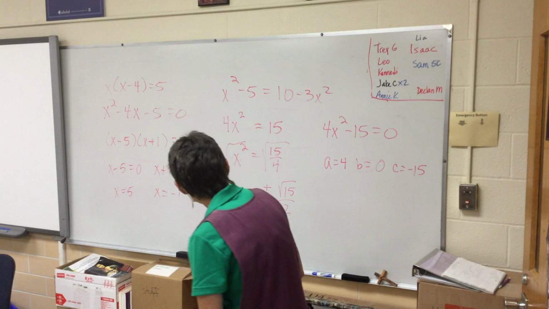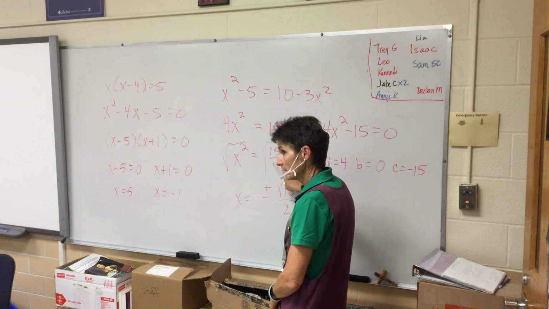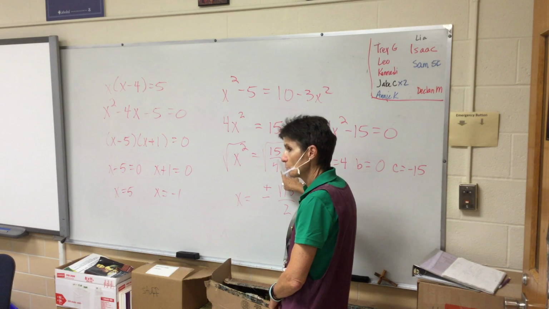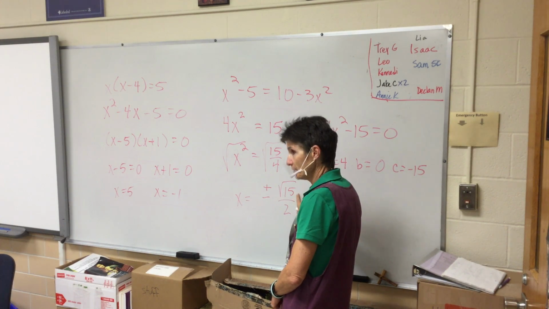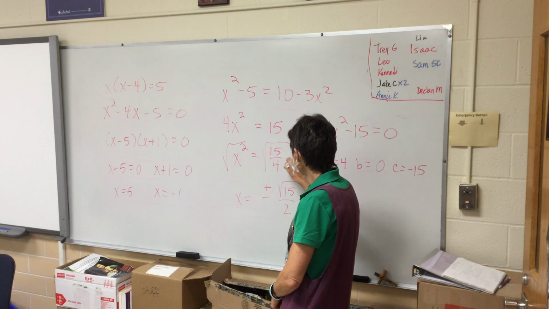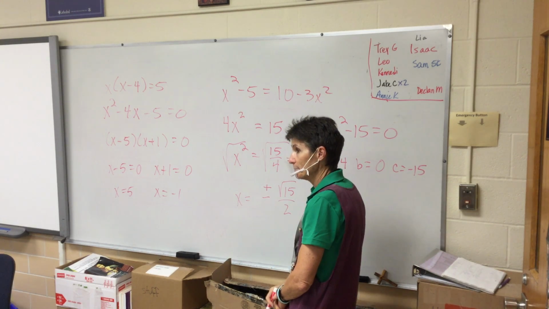Why is it 15 over 2 on there? Because it was 15 over 4. And the square root of 15 is just the square root of 15. What's the square root of 4? When you do the square root of a fraction, you do the square root of the top over the square root of the bottom.